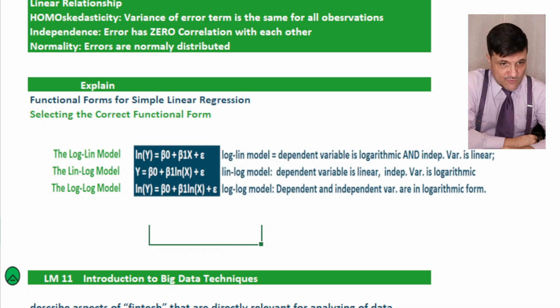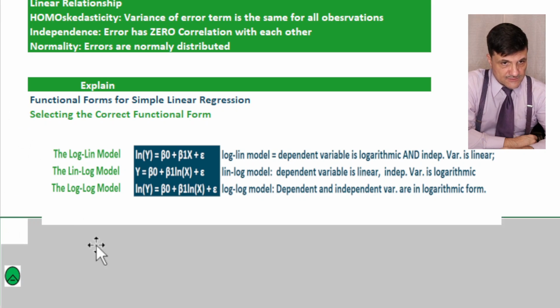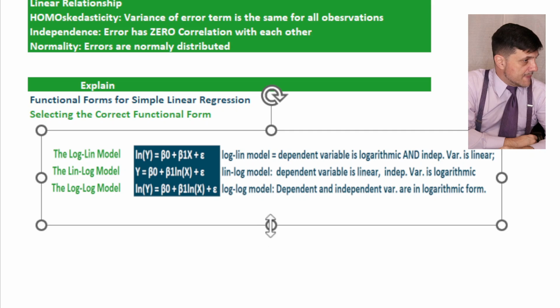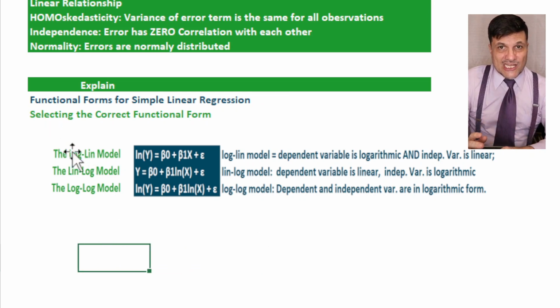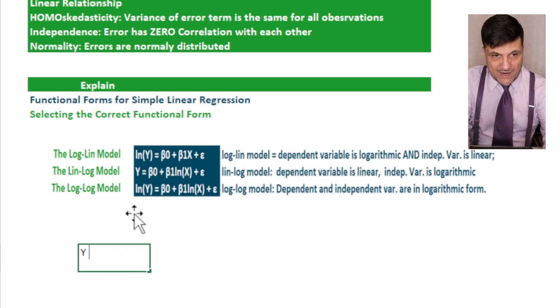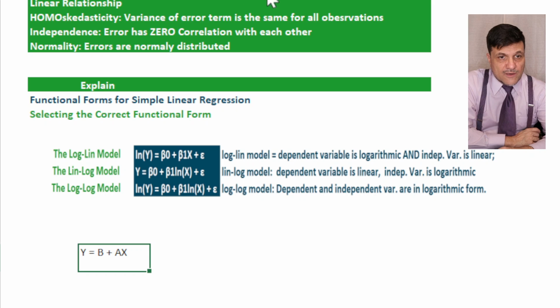I'm going to give myself more space here to work a little bit. There you go. Now, look at this. The name says it all, right? It's a log-lin. Think about y equals b plus ax. Let's now apply what's written there in terms of log.